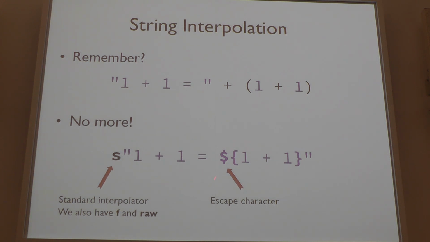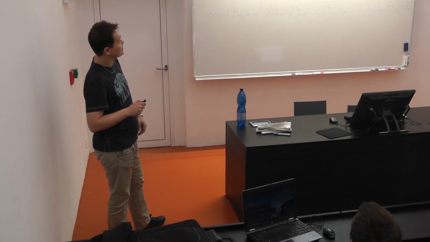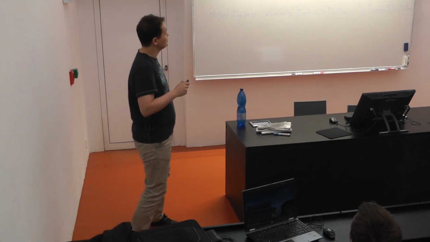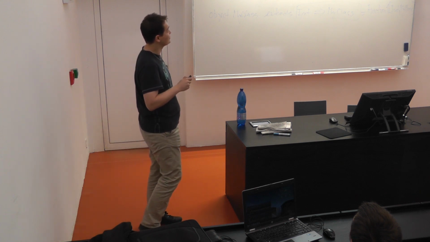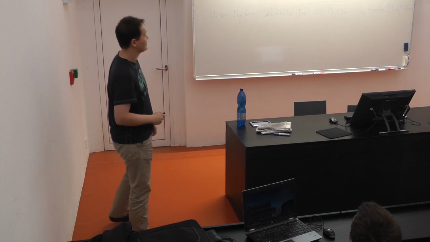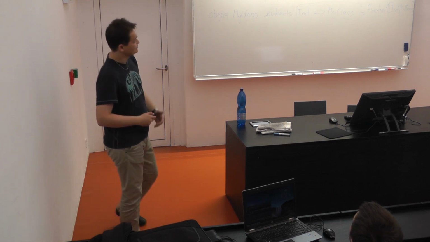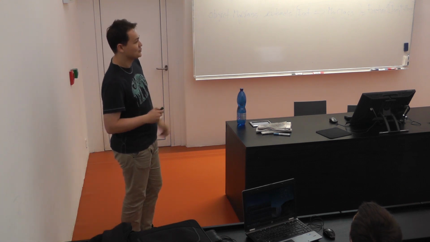And you have an escape character, $, which you can use inside the string to designate some expression which can be in curly braces, and it is interpreted as regular Scala code. If you have, for example, only a variable, you don't have to use the curly braces here. You can just put the $ sign and the name of the variable inside the string, and the value of the variable is put inside the string.